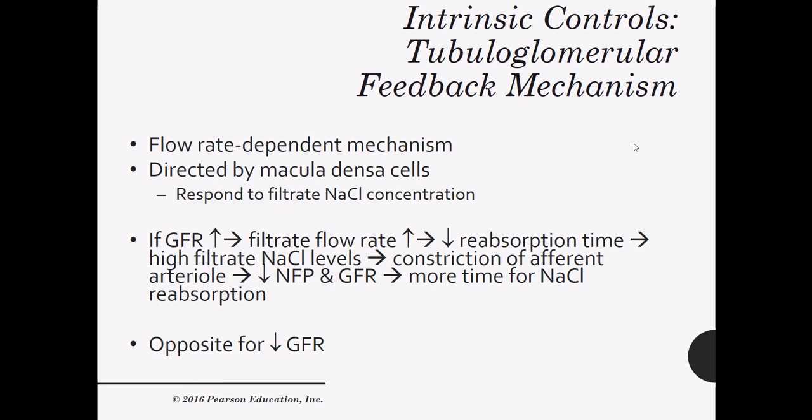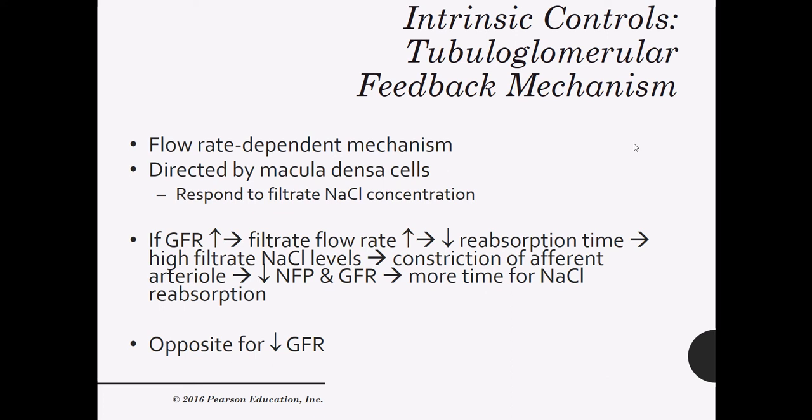This mechanism, this tubuloglomerular feedback mechanism, is a little different, and it's mostly a function of the macula densa. In the macula densa, they are chemoreceptors. They sense the salt concentration in the filtrate, and the salt concentration in the filtrate is actually affected by how fast the filtrate is moving.